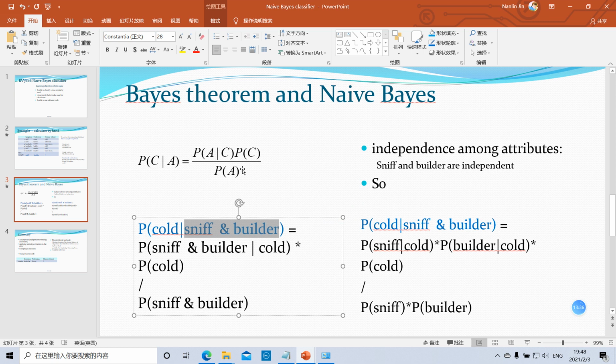First, we have a probability, and you can see the reverse order: on this condition, what this kind of feature happens. But in this case, we don't have, on the condition of cold, sniff and builder.